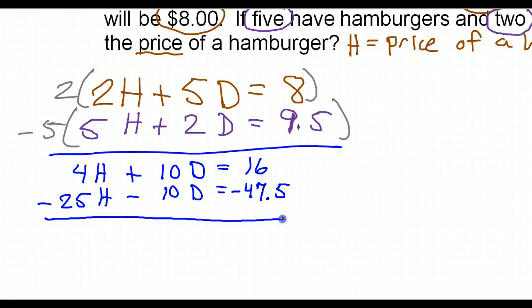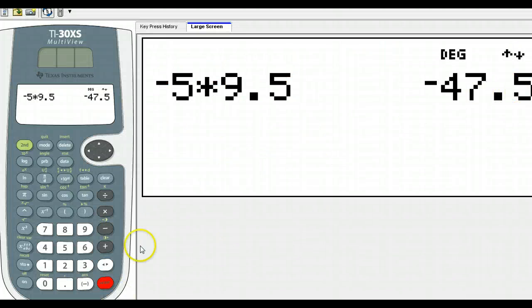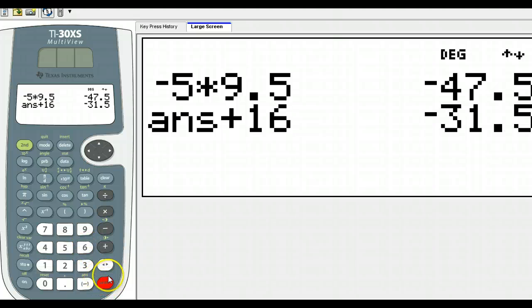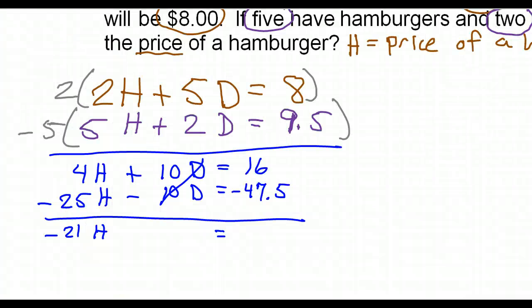Okay, so when I combine these like terms, the d's go away, and I'm going to have -21h is equal to, let's see, there's my negative 47.5. I just need the plus 16. So that's negative 31.5.